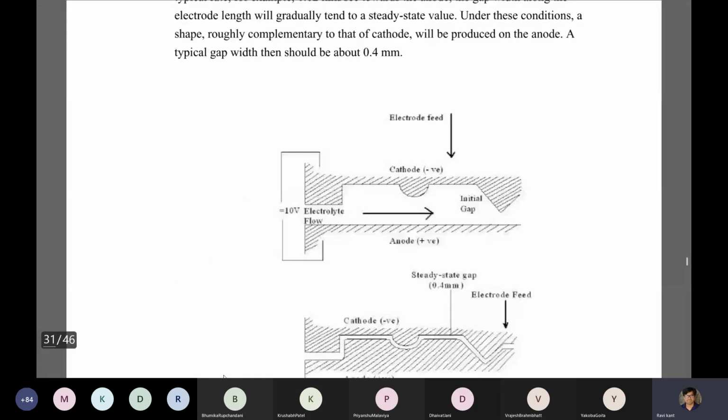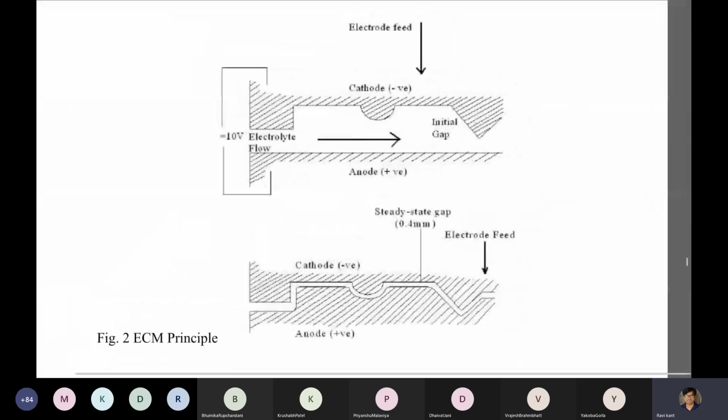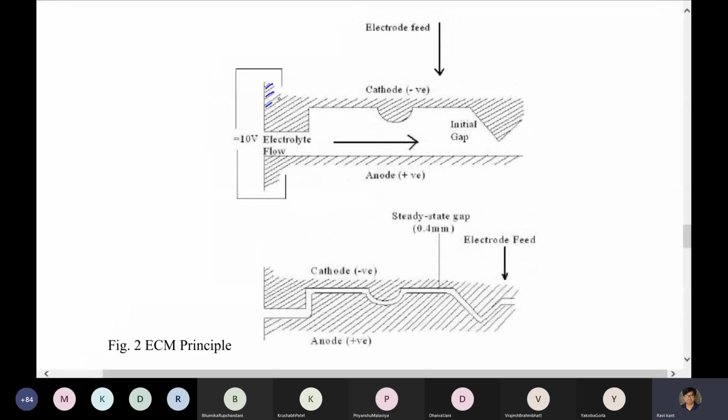So what happens here is, as you have seen, this is your tool, with the desired shape you want on this particular side, and this down anode is your workpiece, and this is your tool.